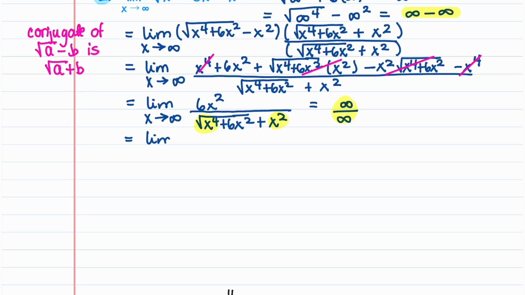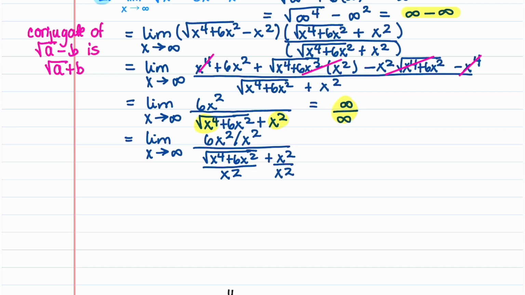We have the limit as x goes to infinity of 6x squared divided by x squared, all divided by the square root of x to the fourth plus 6x squared, all divided by x squared, and then we have an x squared that gets divided by x squared.